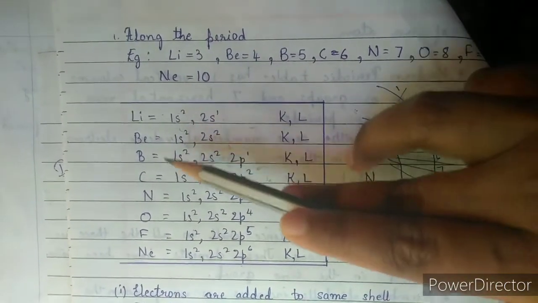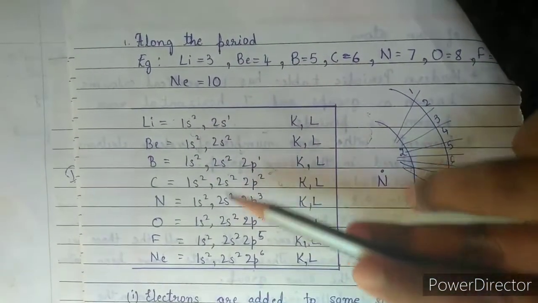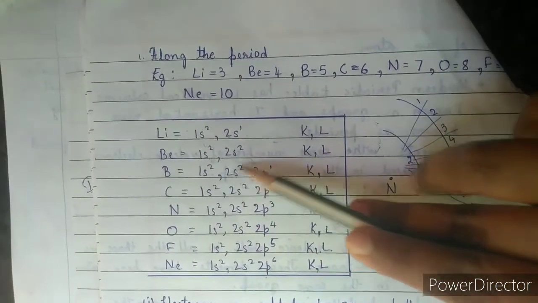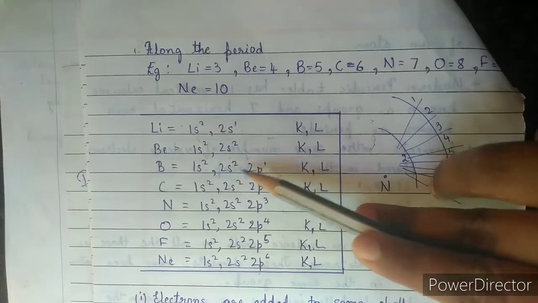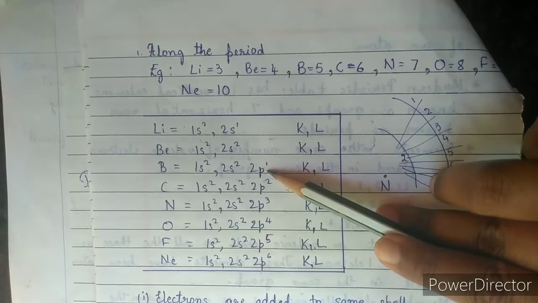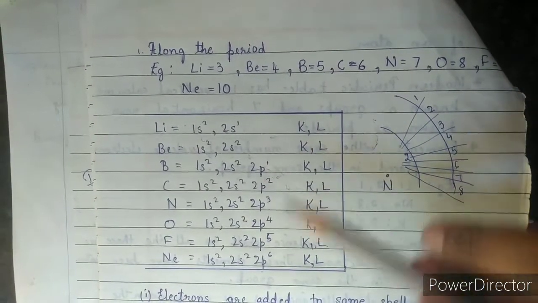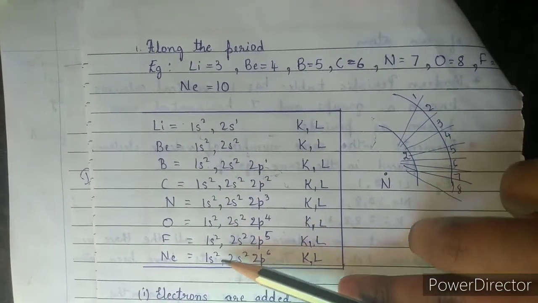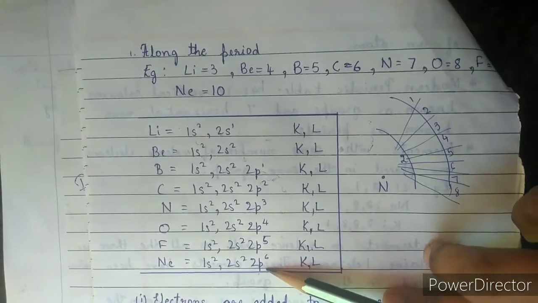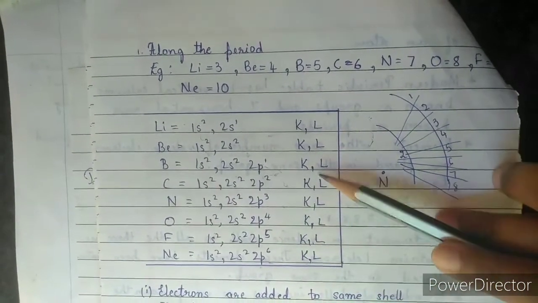These electrons are in the same L shell, but there are also subshells, S and P, and similarly D and F. Even carbon to neon have K and L shells, so all of these come under the same shells, K and L.